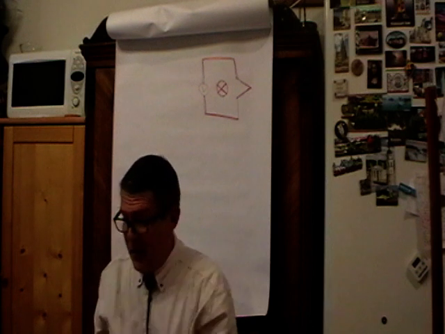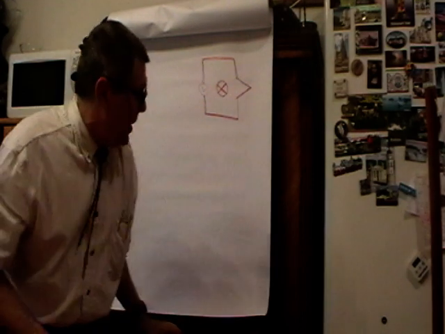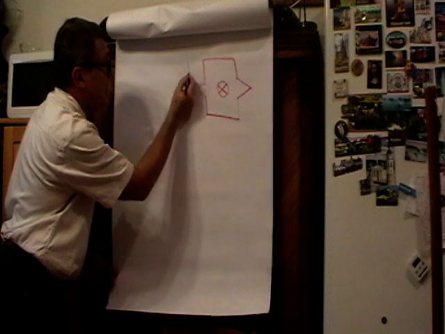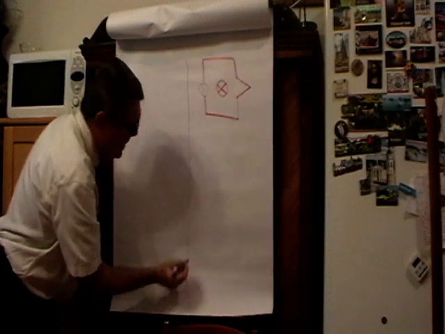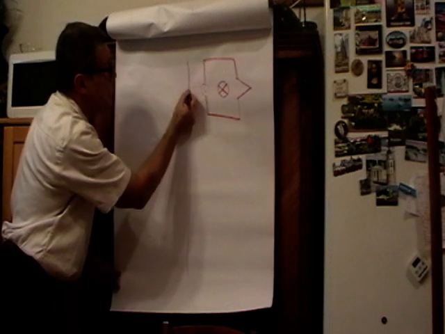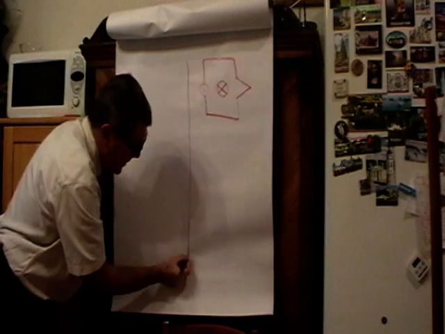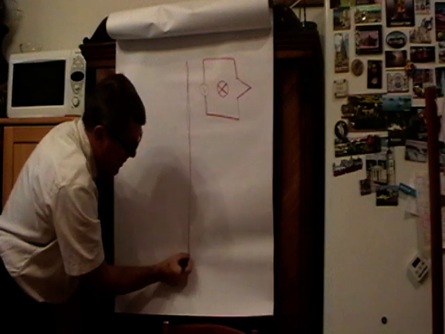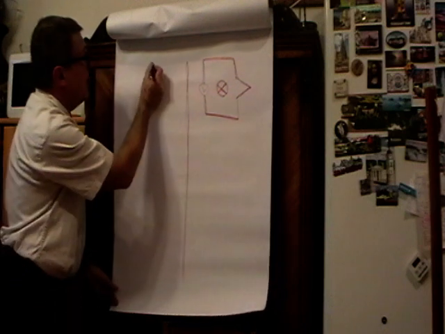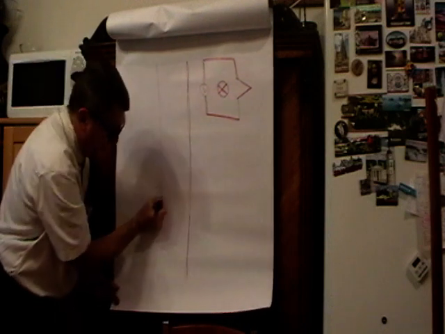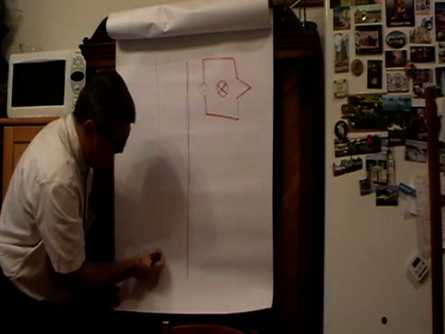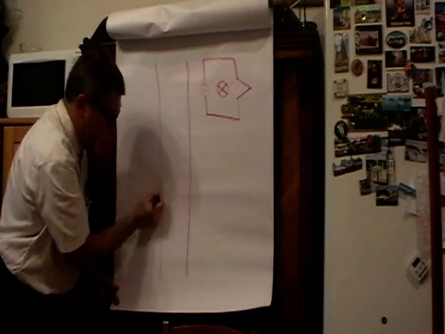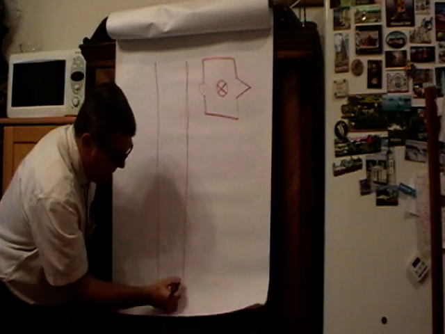So we have that arrangement. I will try to draw it. So we have that long transmission line, which has, let's say, the conductor at right and the conductor at left. So this is the transmission line.